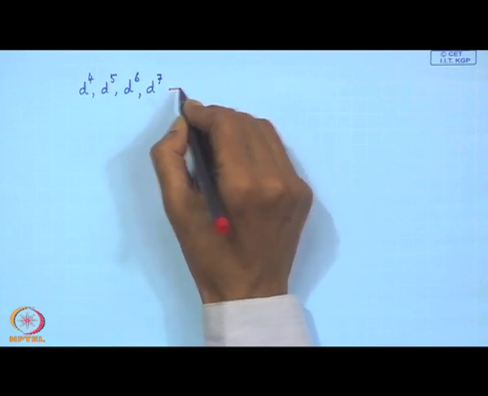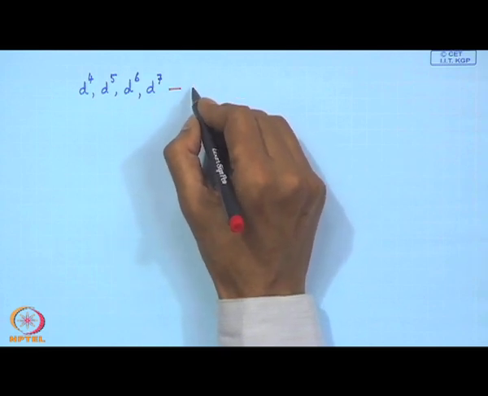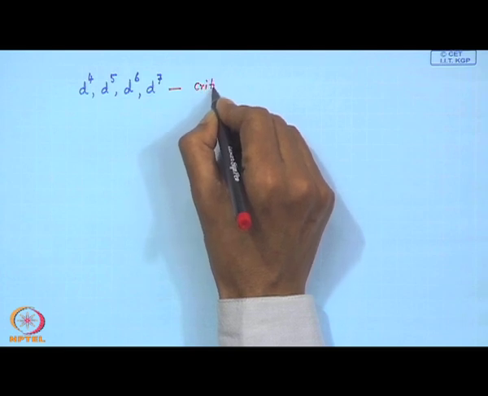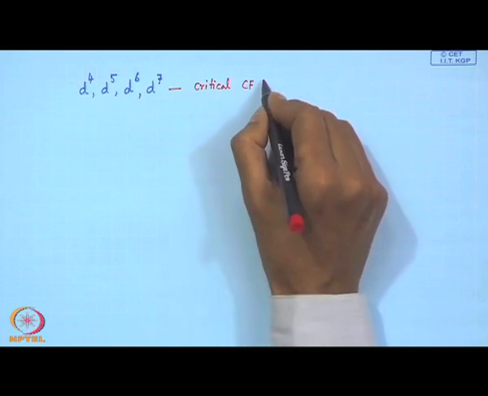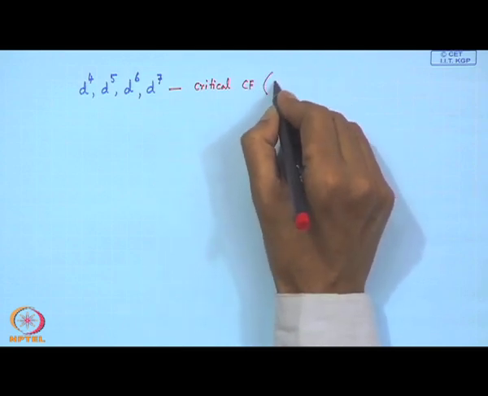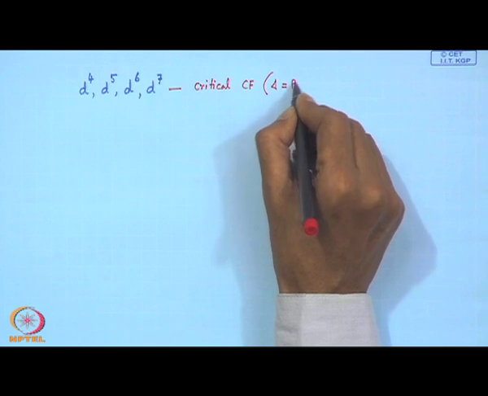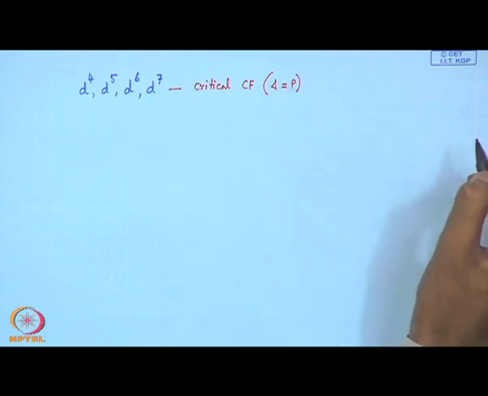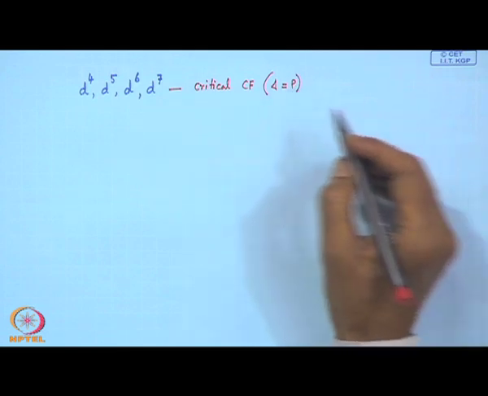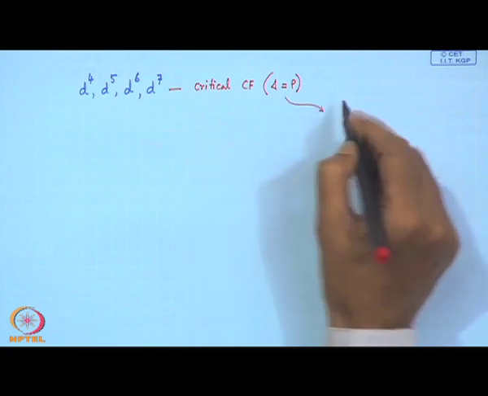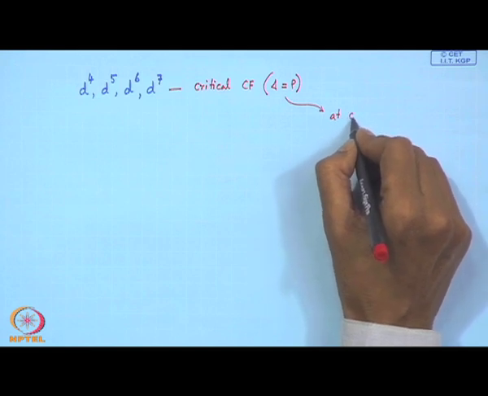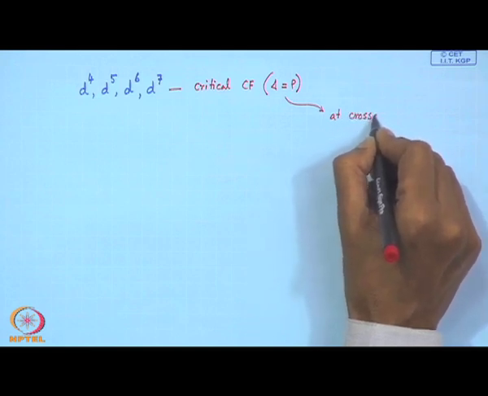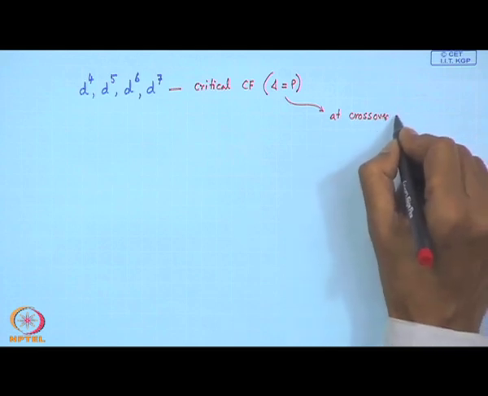So, there is a critical crystal field, and at the critical crystal field we find that delta is equal to P. That means this is somewhere we can consider a crossover region.